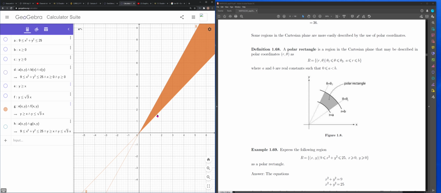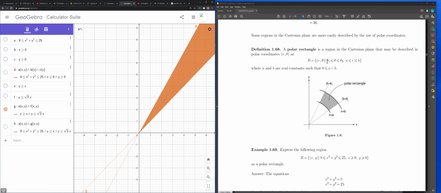Okay, so it's 45 and 60, and I really should be using radians over here, so it's pi on 4 and pi on 3. But anyway, these inequalities involving theta are giving you a wedge like this.